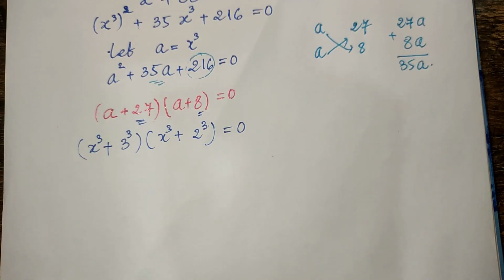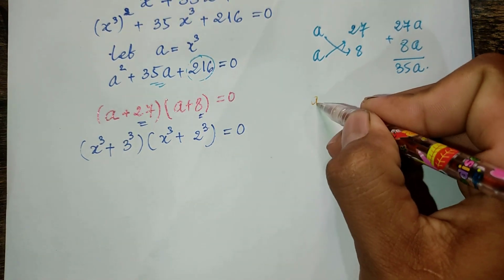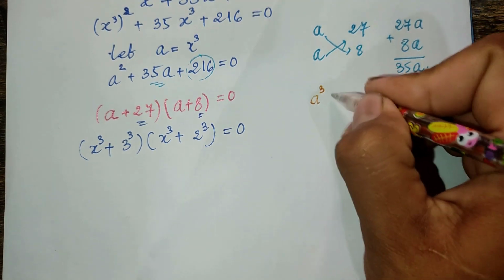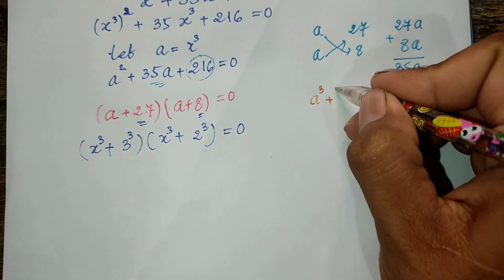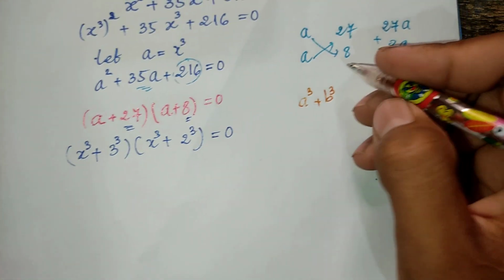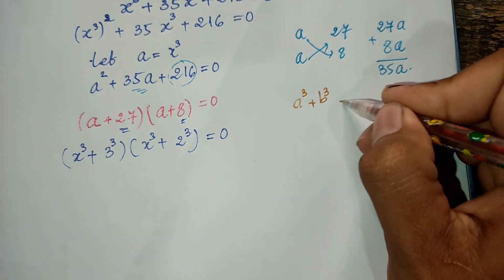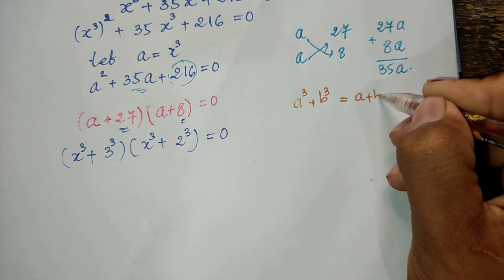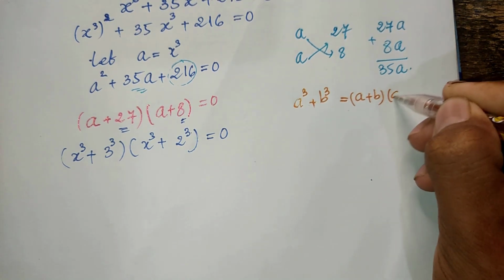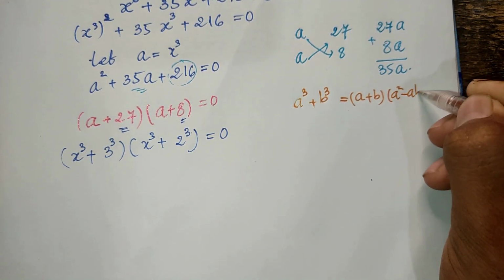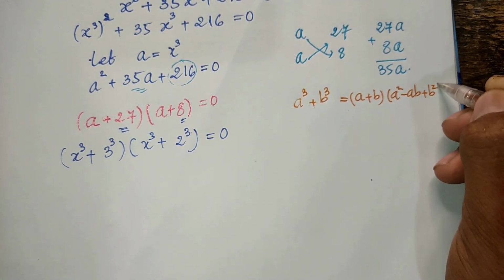And now we use the rule that a to the power 3 plus b to the power 3 is equal to a plus b multiplied by a squared minus ab plus b squared.